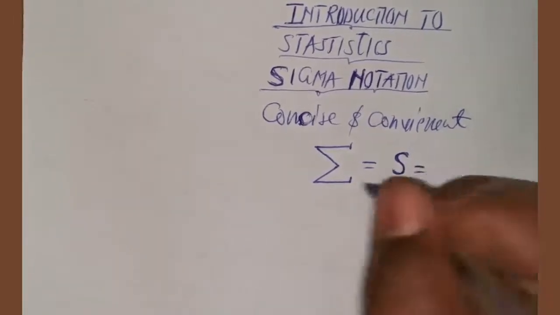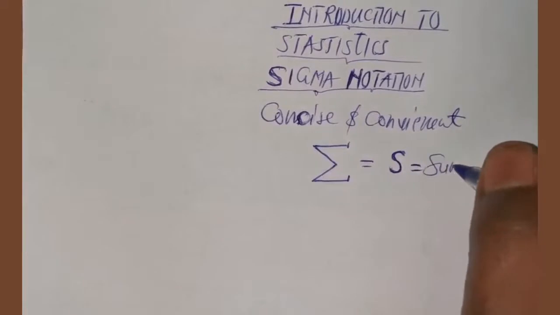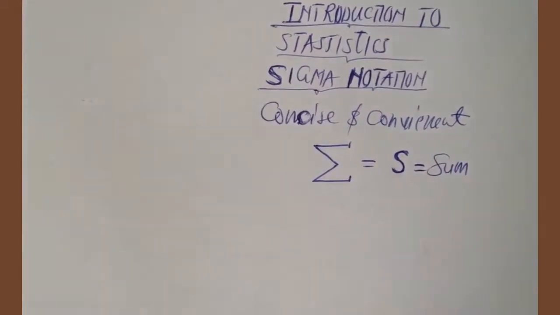Anytime you see this symbol, we're talking about summation. We try to reduce a long summation to the simplest way that makes it convenient and precise for you to understand.